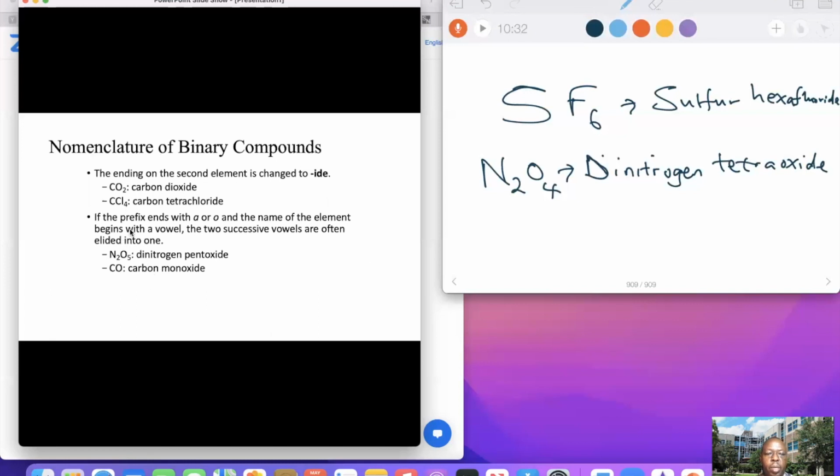All right. Some others, if you notice here, some texts omit the O or A if there is a vowel following. You see this? If a prefix ends with A, like tetra, or O, and the name of the element begins with a vowel, the two vowels are often elided, as in dinitrogen pentoxide. So I'm just going to get rid of this to make sure that we get it right. I don't want you to miss it in online homework.